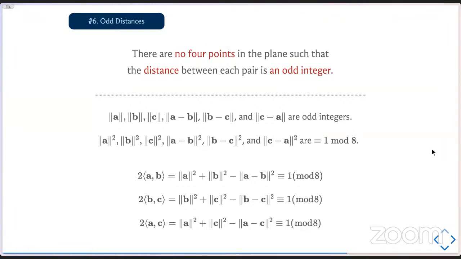So mod 8, that's just because, okay, that's a good point. Each of those individual terms are 1 mod 8, right? And I don't know why I was emphasizing that the numbers are odd. That's not what I wanted to say.